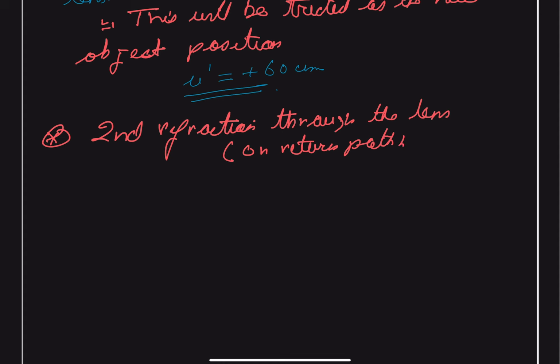Once again we are going to use the formula 1 upon f is equal to 1 upon v2 minus 1 upon u prime. We substitute the values and we get 1 upon 15 is equal to 1 upon v2 minus 1 upon 60. So this gives us that our v2 will be equal to 12 centimeters.